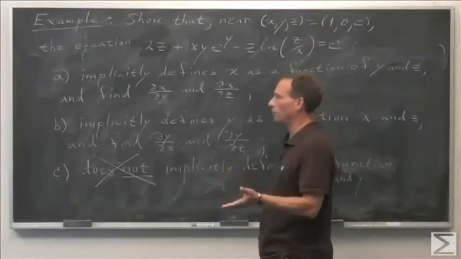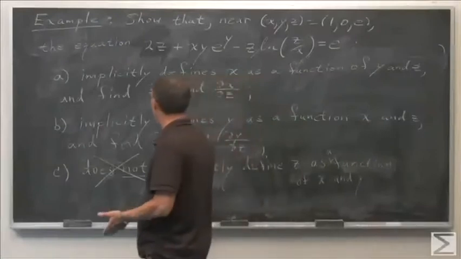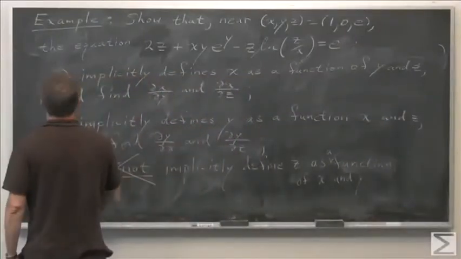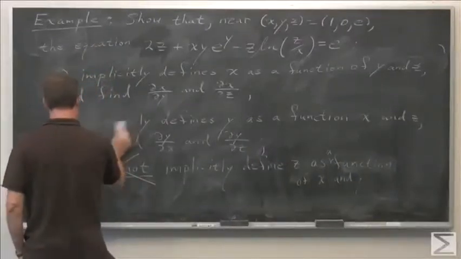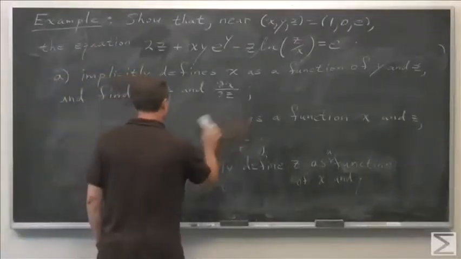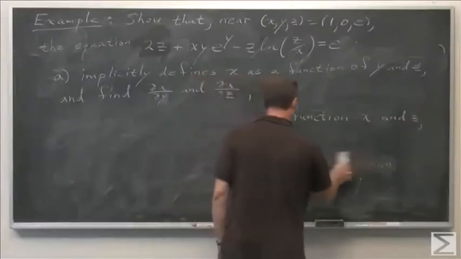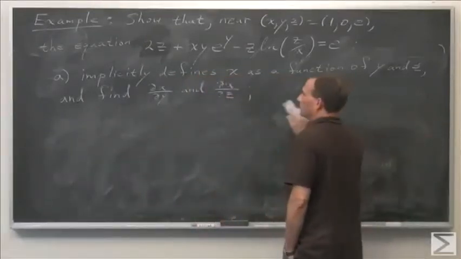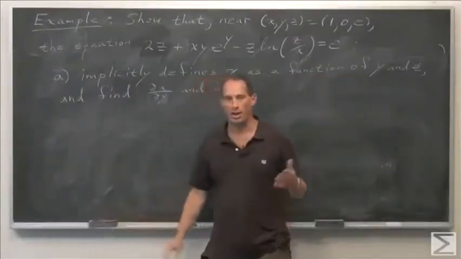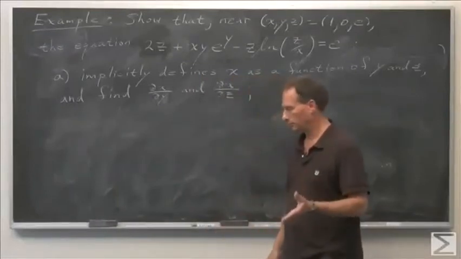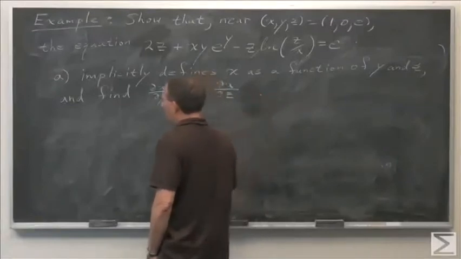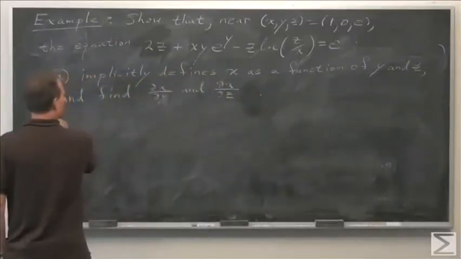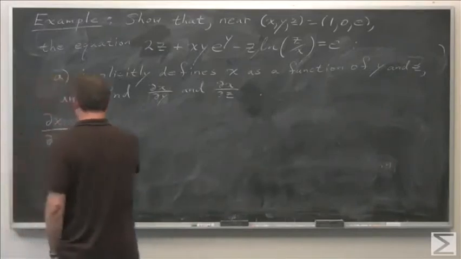And then we want the formulas for the partial derivatives, but those are easy. Let me write them. Maybe I'll just do the ones for part A, the ones for part B, or, well, no, I'll do both. So we want the partial derivative of x with respect to y.